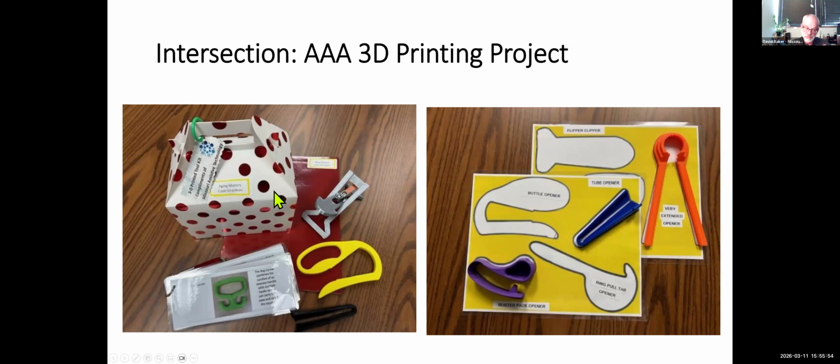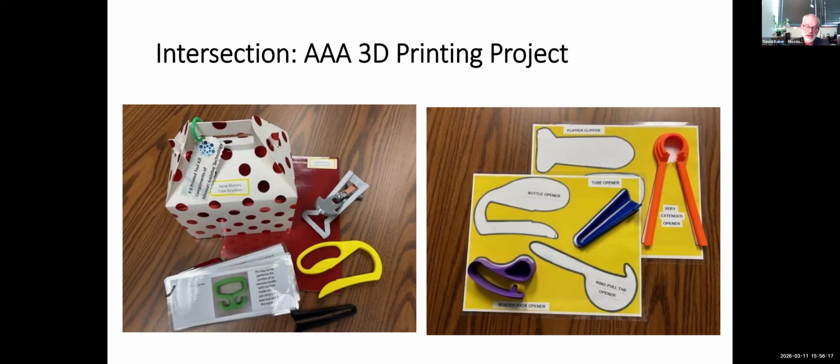He created these kits and then basically buttonholed anybody he could find to have a discussion about 3D printing and low-tech assistive technology. We made these kits that you see on the right-hand side. He boxed them up in these nice colorful boxes and had these little guides that you see towards the bottom of the picture. And then we sent these out.